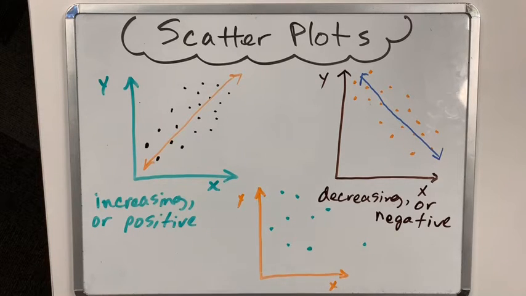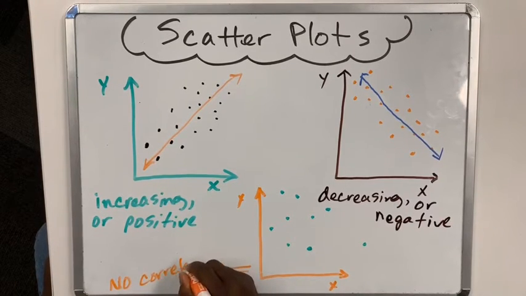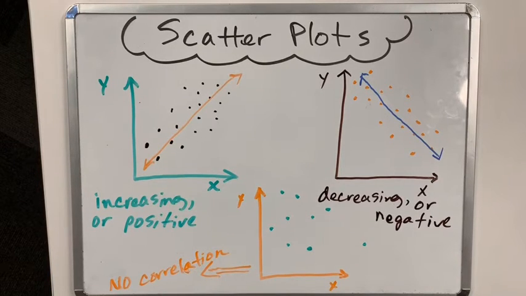So for this one in particular, we say that this is no correlation. No correlation, all right? There's no increasing relationship or decreasing relationship between X and Y.